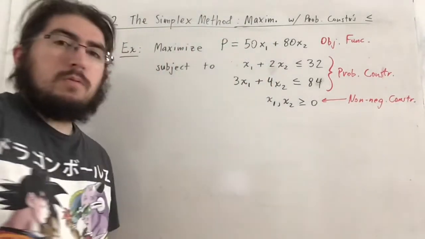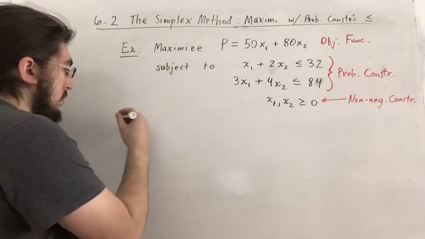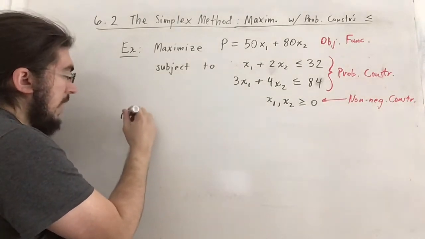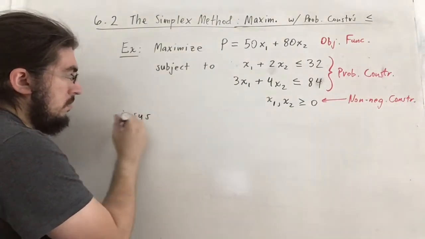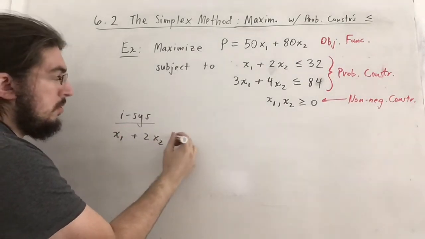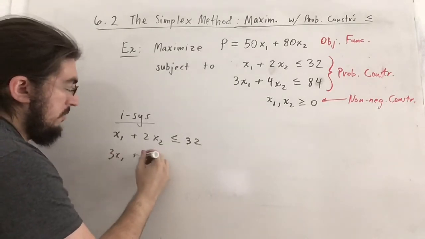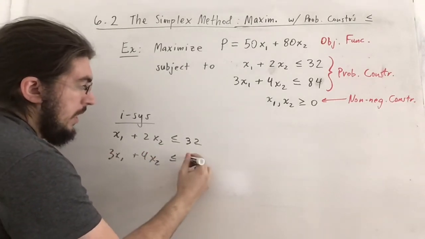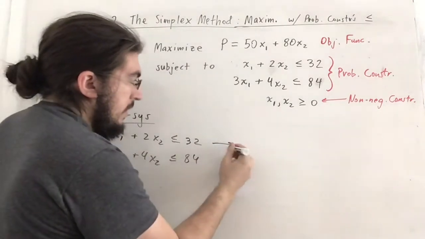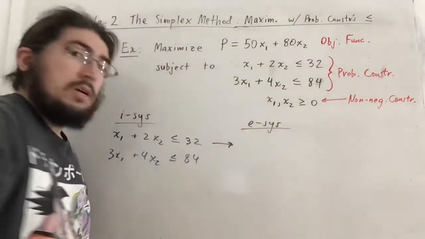And what did we do? Well, we started with this inequality system, which was an I system: x1 plus 2x2 less than or equal to 32, 3x1 plus 4x2 less than or equal to 84. We converted it then into an E system, which was an equality system.